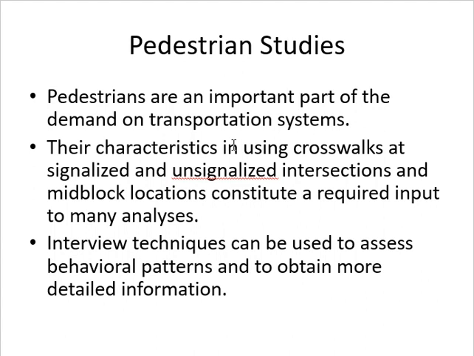So they become a very important consideration, and we need their data as well. Later, when we are doing the traffic analysis, we also put some factors about pedestrians within the analysis, within the equations.